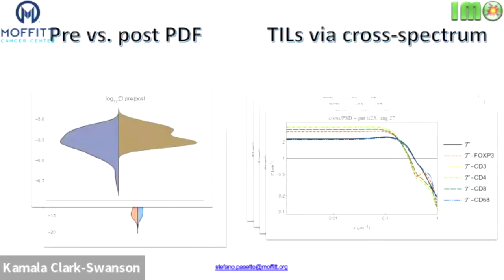What is also most interesting, which comes to me for free? Well, of course, you know that tumor infiltrating lymphocytes are, for some types of cancer, informative of the prognosis, let's say, of the evolution of the cancer.